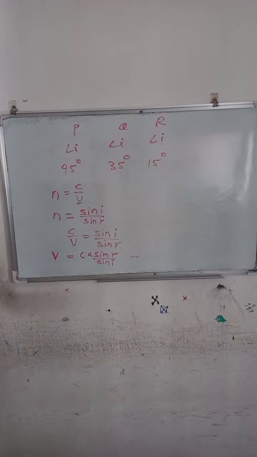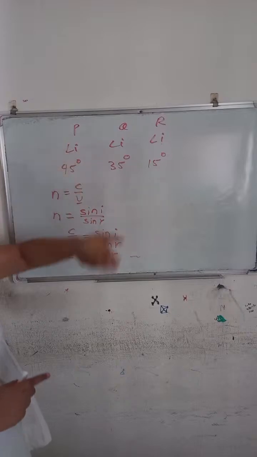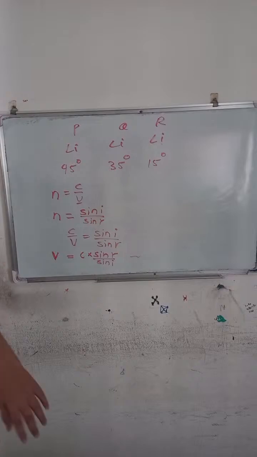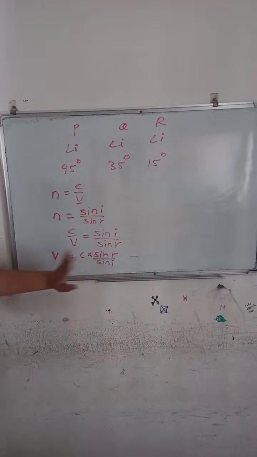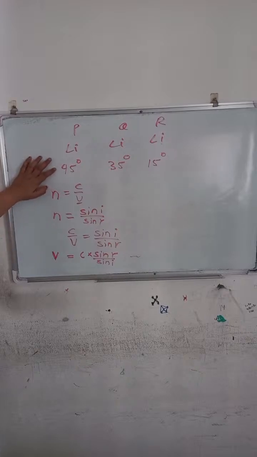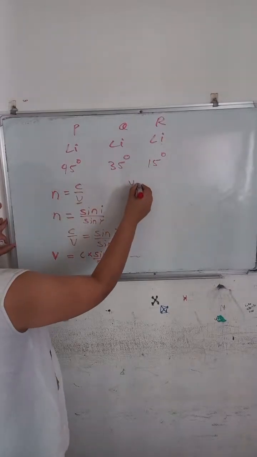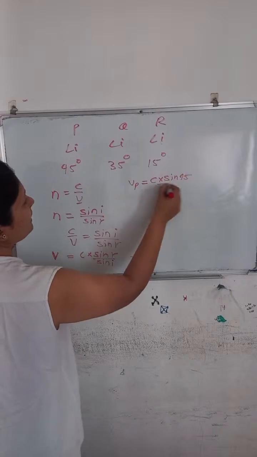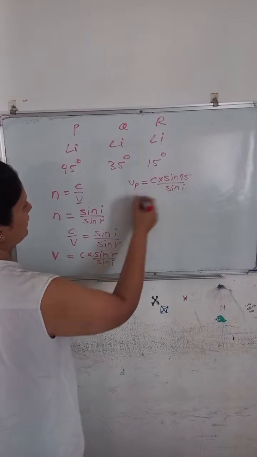Now the angle of incidence is the same everywhere, and the angle of refraction is changing. Taking P first: Vp is c into sine 45 divided by sine i.